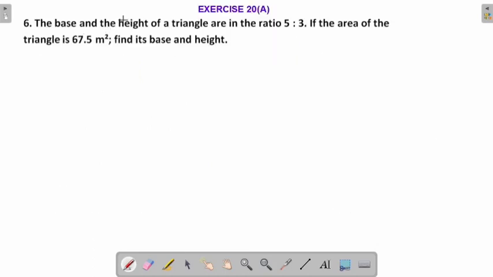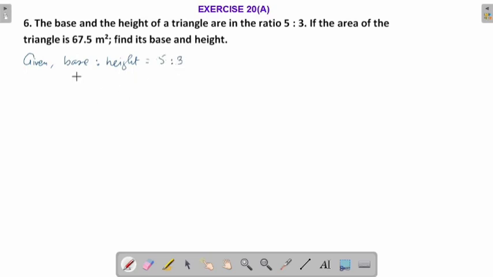It is given that the base and height of a triangle are in the ratio 5:3. So the ratio between base and height is given to be 5:3.